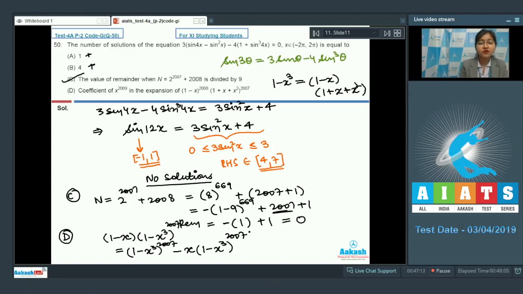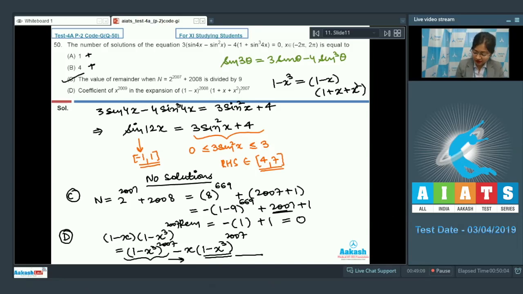Now we have to find the coefficient of x raised to the power 2009. Now from the first bracket it can be seen that we will get x raised to the power of a multiple of 3. Now it can be seen that 2009 is not a multiple of 3. So from here we will not get anything. Similarly, from 1 minus x cube raised to the power 2007 also we will get multiples of 3.